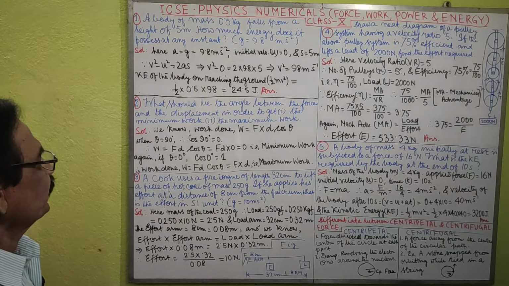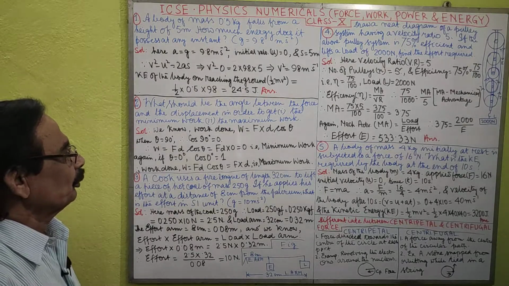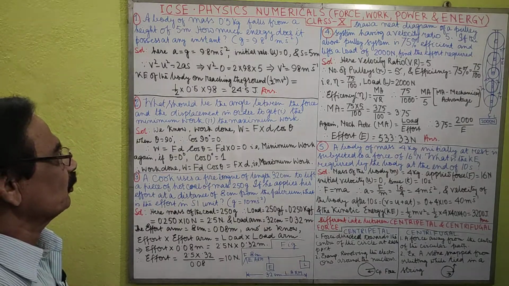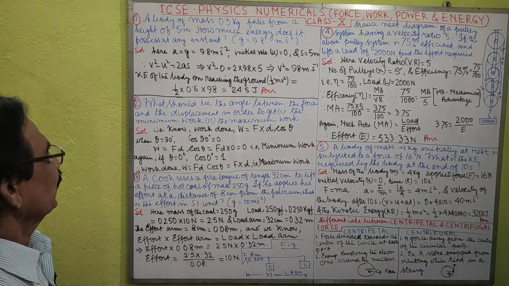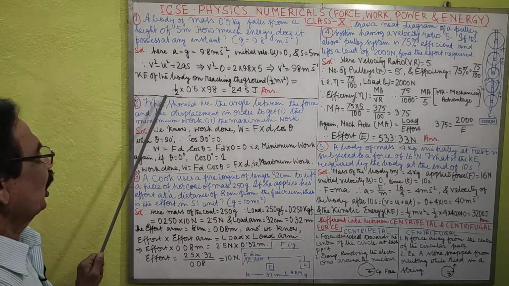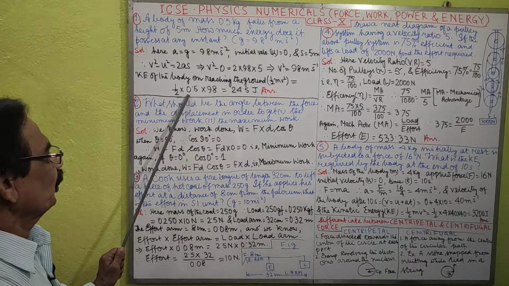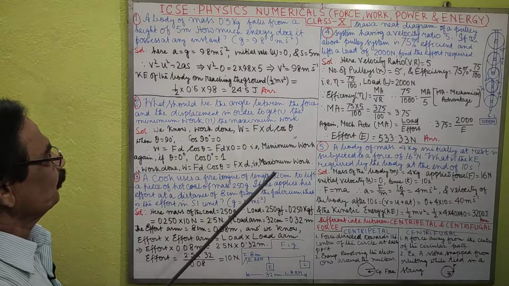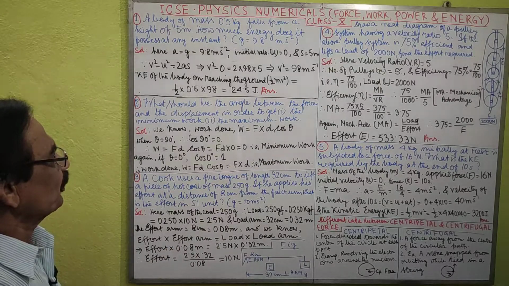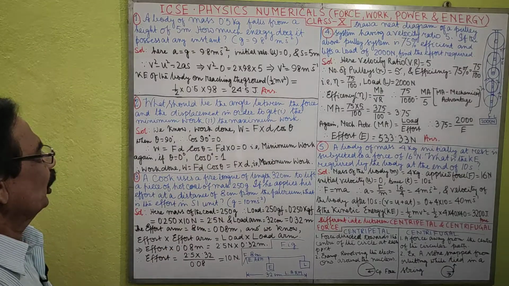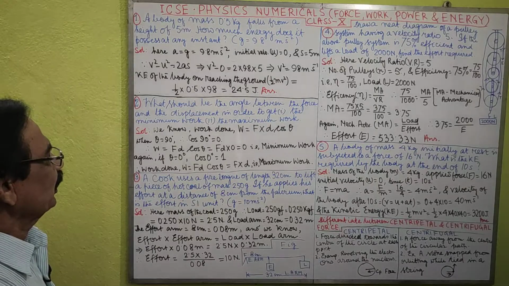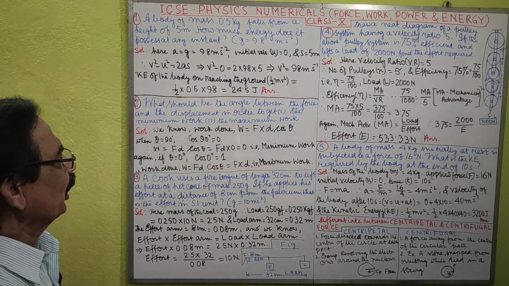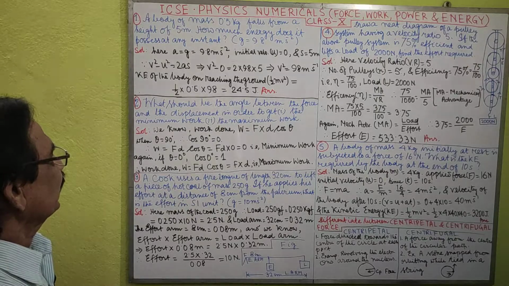Therefore kinetic energy on reaching the ground, the formula is half mv square. So it is half, mass equal to 0.5 kg, and v square equal to 98. So after calculating this we are getting 24.5 joule, the kinetic energy.